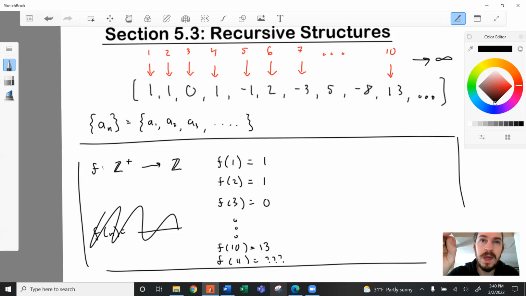Instead, we're going to do a recursive description, where you say what the next term in the sequence is in terms of the previous terms. All right, so probably the most famous example of this is the Fibonacci numbers, where to get each term in the sequence, you add the two previous terms together. That is a recursion rule, right?